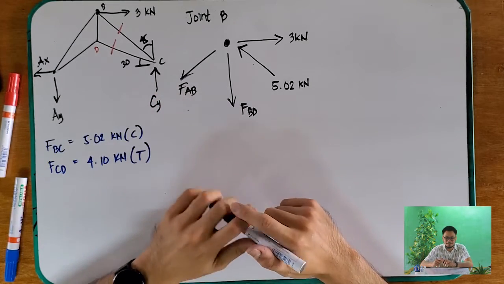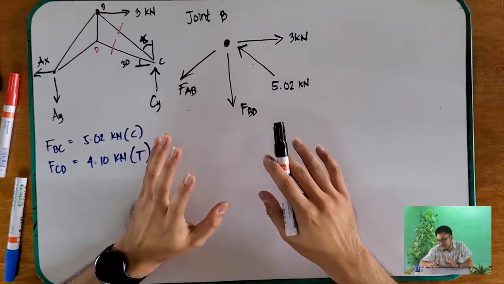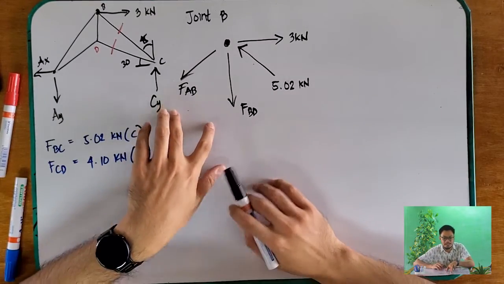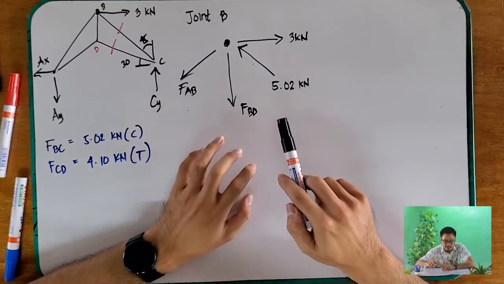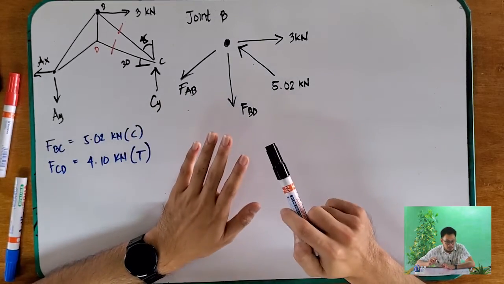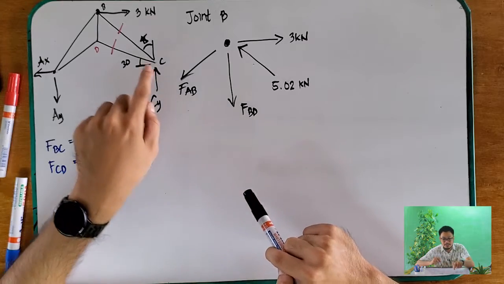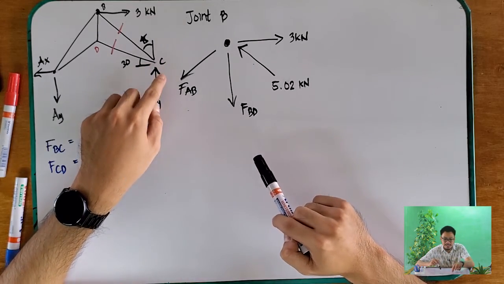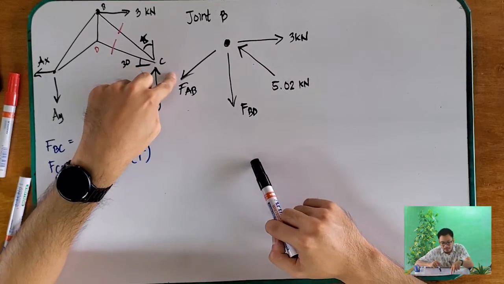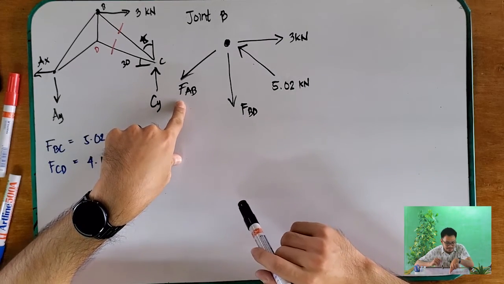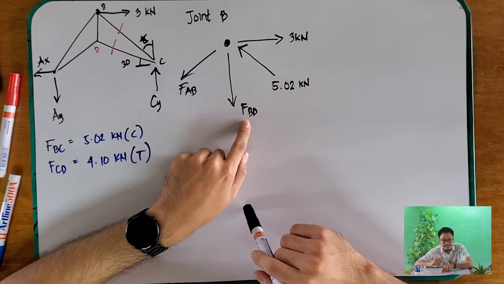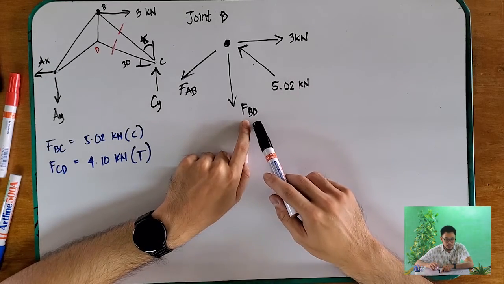Which one would you choose first? When you do the summation of forces, look at your drawing. Imagine if you sum the forces along the x, how many unknowns are there? If you sum forces along the x, you only have one unknown, because this force has both x and y components, and this force doesn't have an x component.